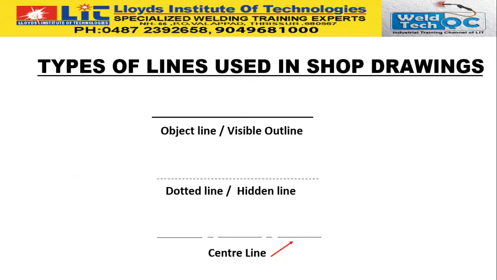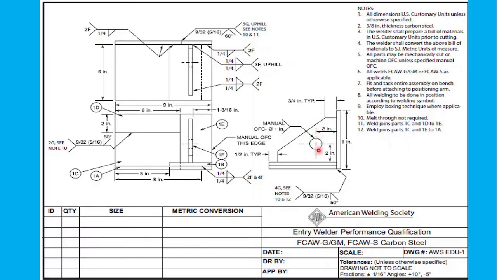Now let us see the center lines. Now these are the center lines. Here in the center of the hole, the center line is given. This is the center line, and this is the center line.